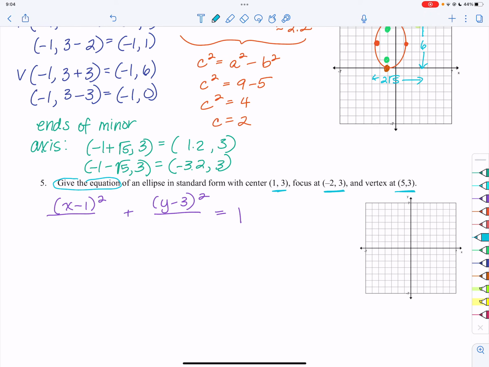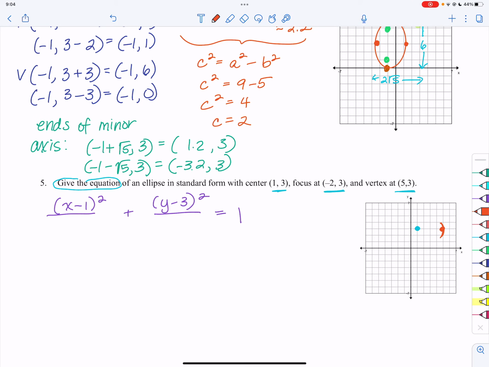So the center is at 1, 3. So if we are given a vertex at 5, 3, 1, 2, 3, 4, 5, 3, if this is a vertex, however this ellipse is shaped, that's one of the sides.